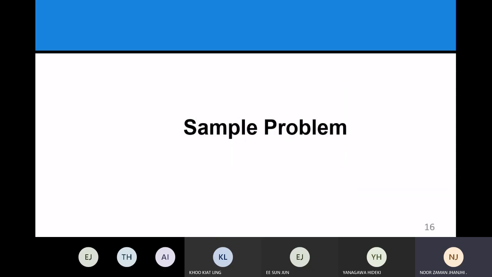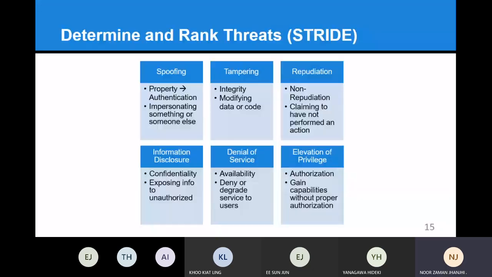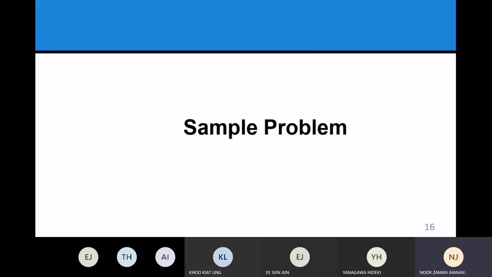We are just going to end up here at slide number 15, and we will have a quick recap of slide number 15 next week, and then we will come to the sample problem. Here is the sample problem. We consider a case study, and on that case study we already designed a threat model.